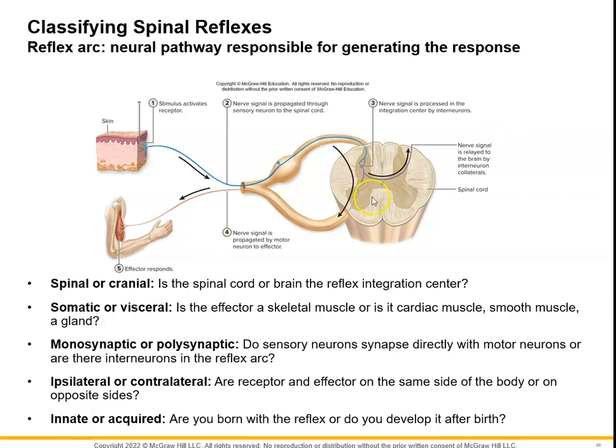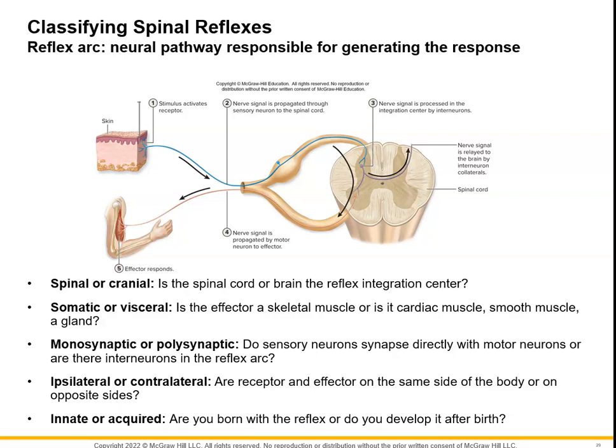But I want you to notice right here, this interneuron is activating that motor neuron by depolarizing it, but at the same time, it's sending a nerve impulse through an ascending tract up to the brain. So the brain knows, hey, something's causing me pain.